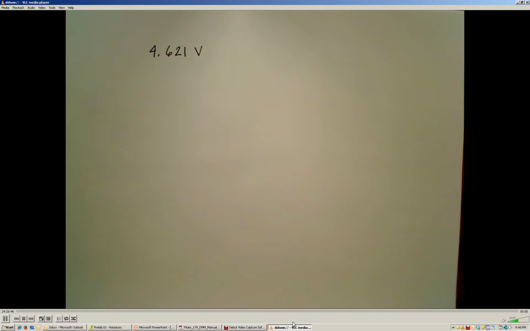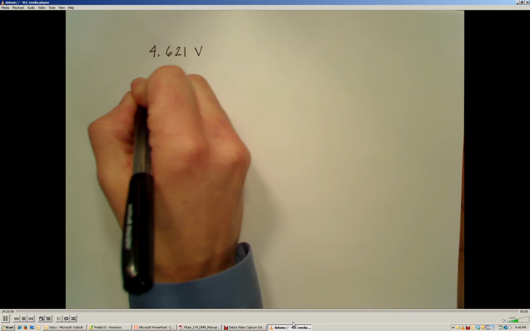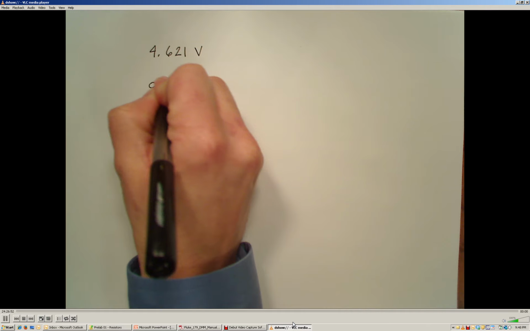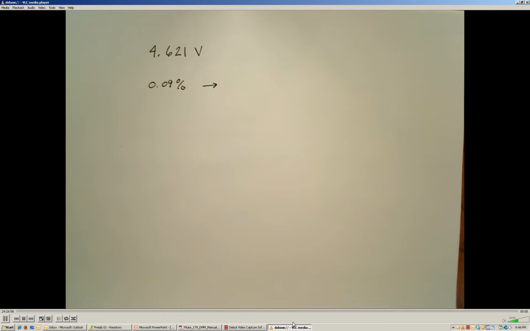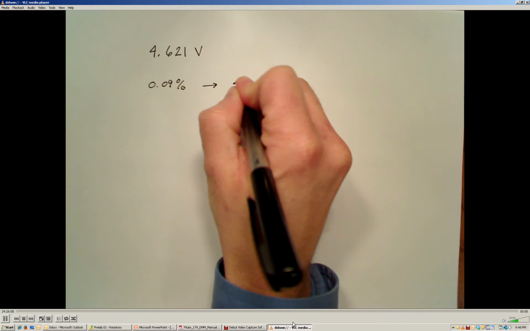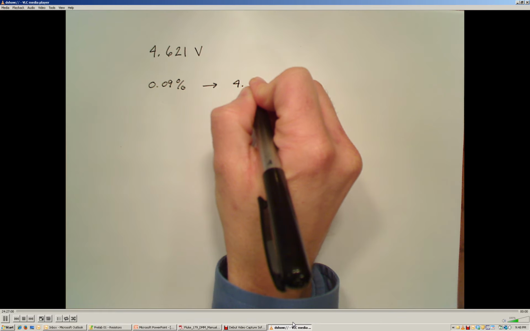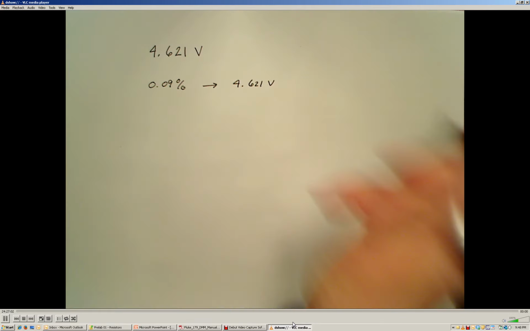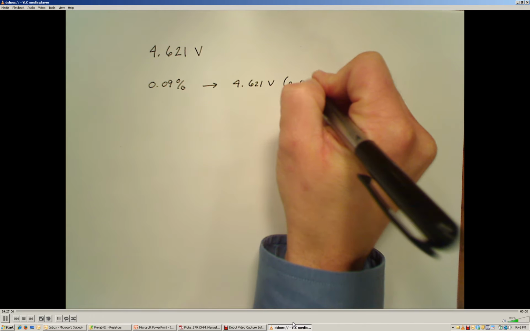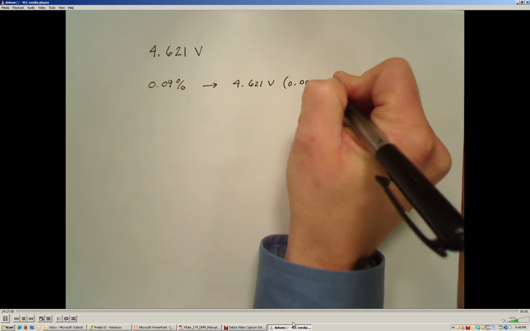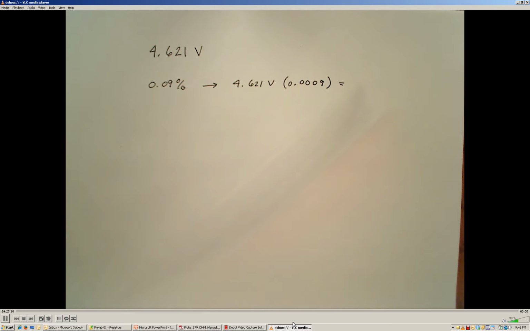And remember that we have an inaccuracy or uncertainty of 0.09%. Okay, so that uncertainty can be calculated by multiplying 4.621 volts by 0.0009.